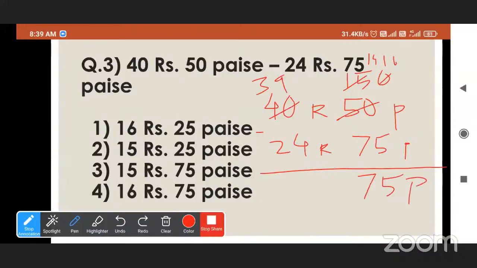So 75 paisa is here. 39 minus 24: 9 minus 4 is 5, and 3 minus 2 is 1. So the required answer is 15 rupees and 75 paisa. Which one is the right answer? Third one is right answer. Very good.